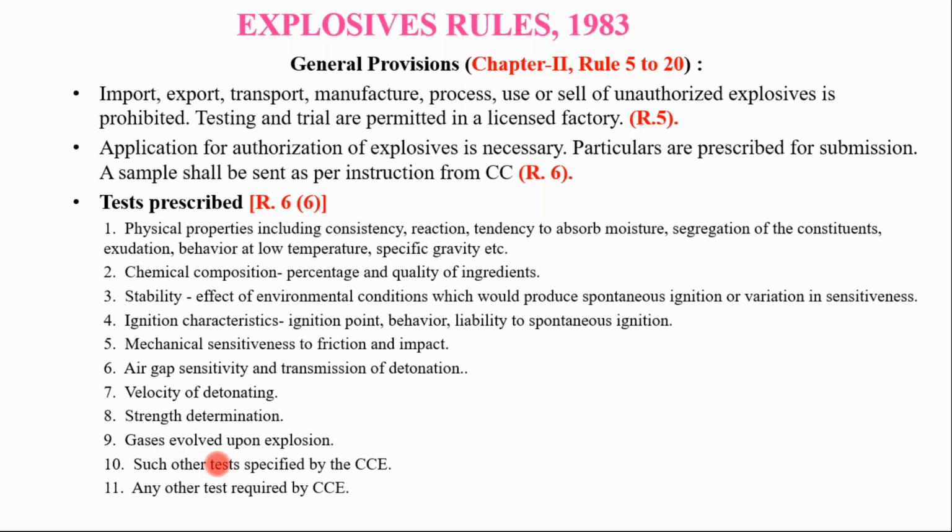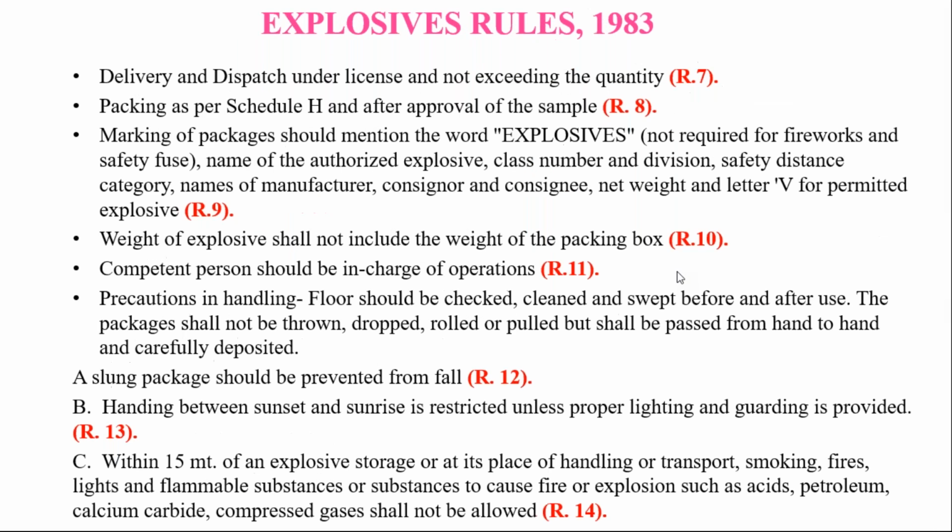Such other tests specified by the CCE and any other test required by the CCE. So sometimes it happens that with respect to practical issues, experimental issues and some accidental histories, the CCE may recommend a specific test other than those prescribed in this rule number 6. So all the tests should be carried out with the help of the CCE guidelines.